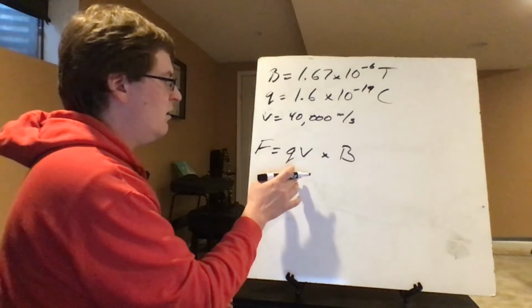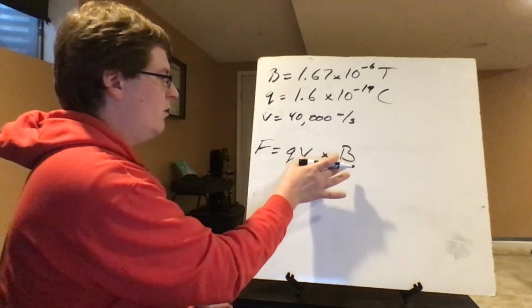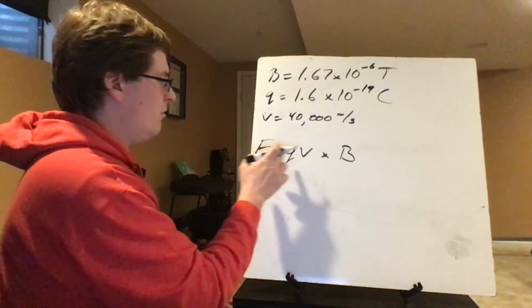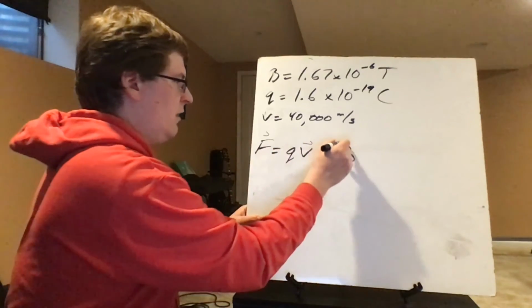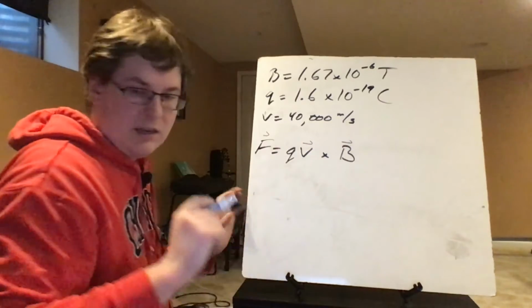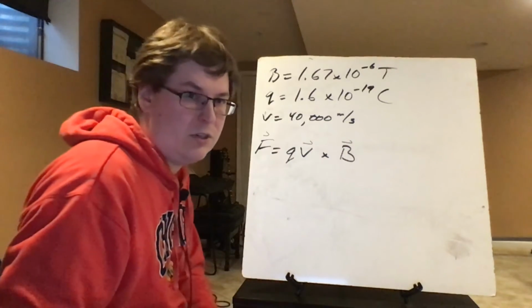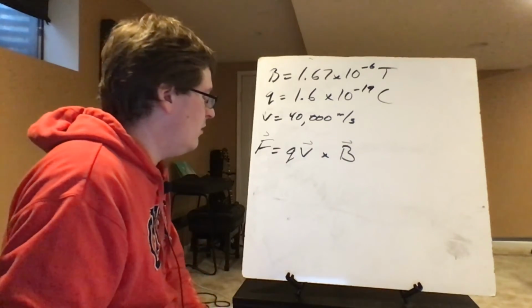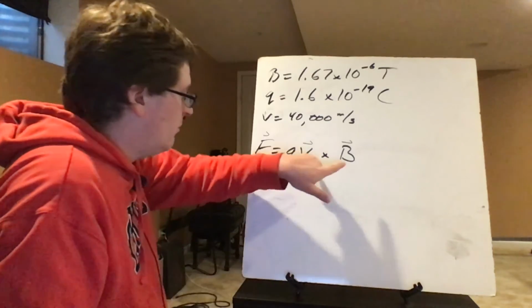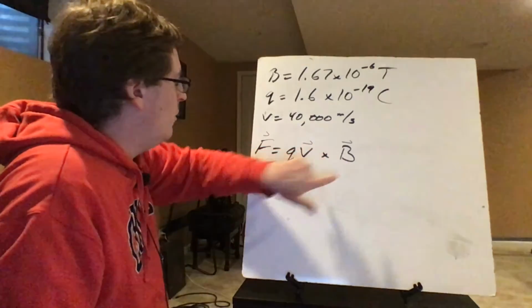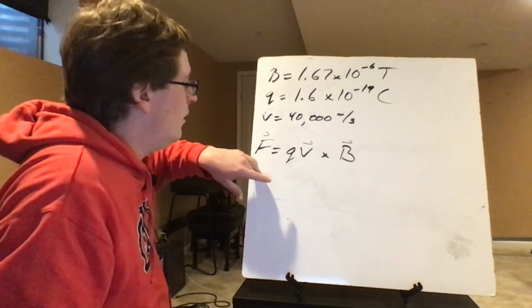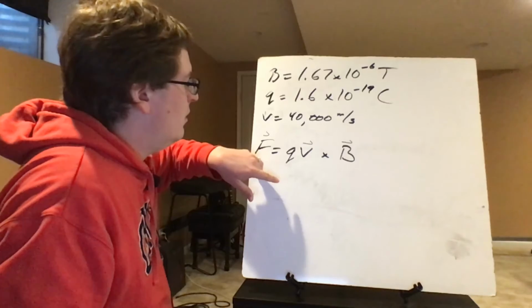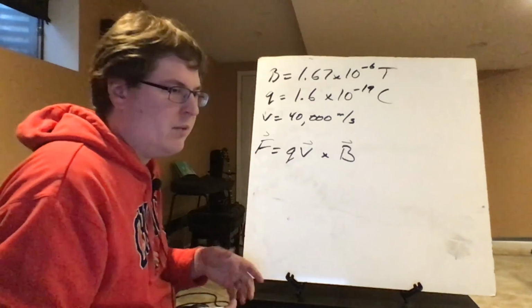We are going to take the right angle, all 3 of these vectors, the force, the velocity, and the magnetic field, are going to end up at right angles to each other. Well, technically, the velocity and the magnetic field don't have to be, but the force will be at a right angle to them.